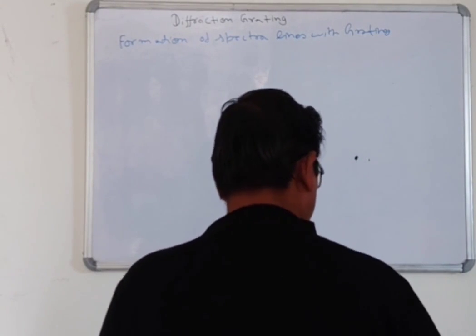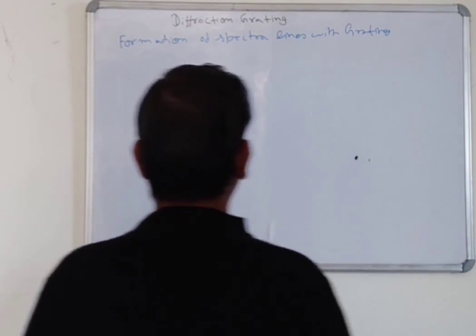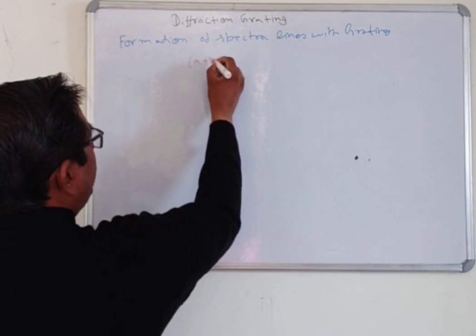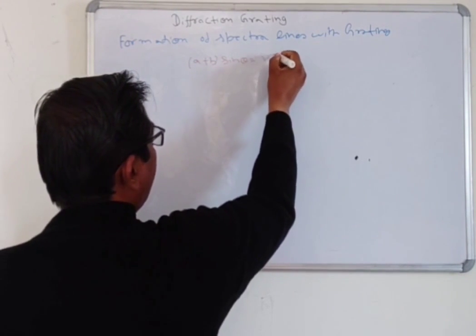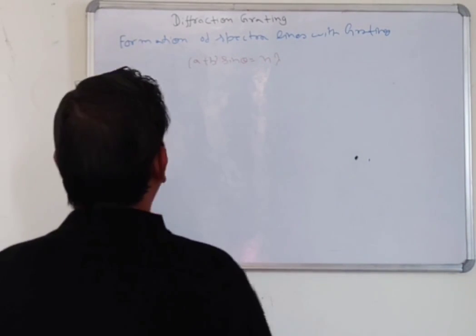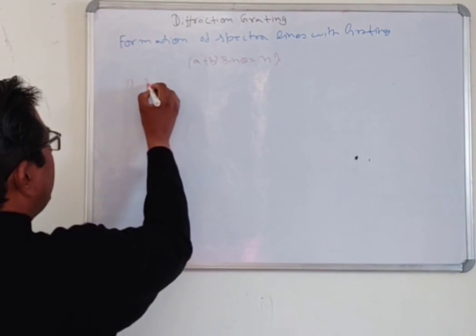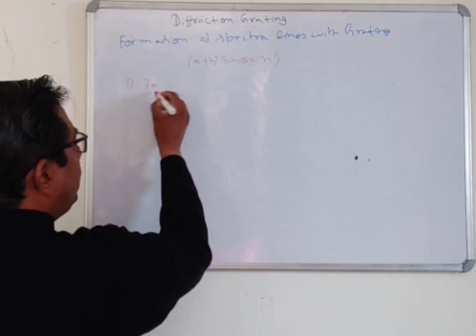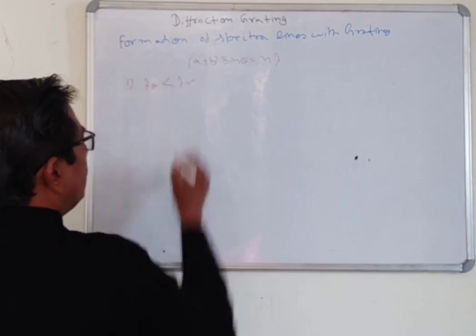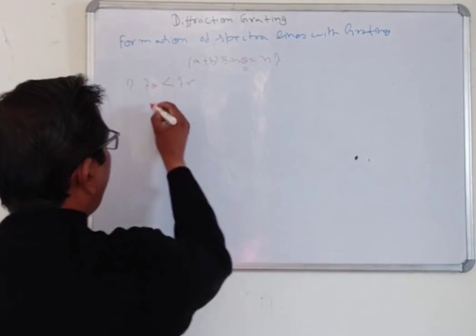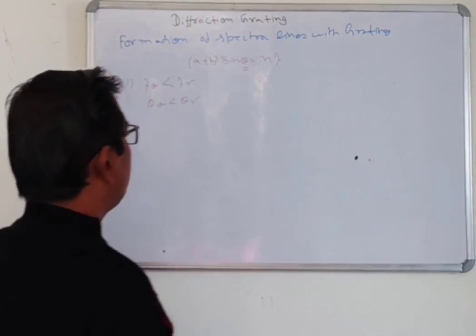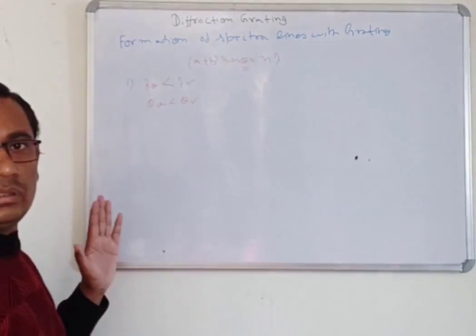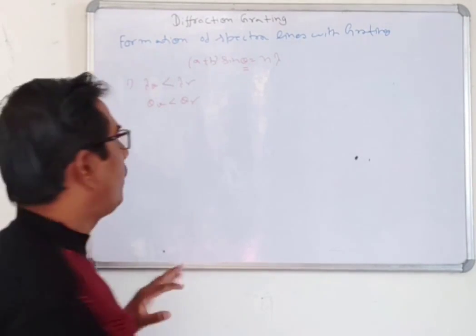All of you know the condition for grating: (a plus b) sin theta is equal to n lambda. The first condition, all of you know that violet light has a low wavelength. It means that the diffraction angle of violet will be low as compared to the red light. The first condition is like that.